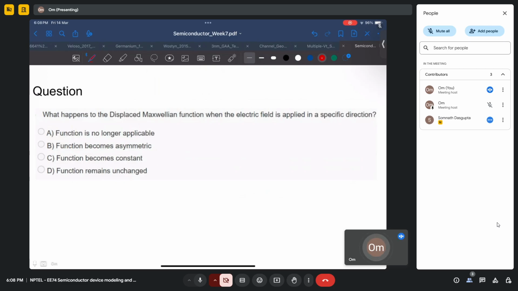What happens to the displaced Maxwellian function when the electric field is applied in a specific direction?